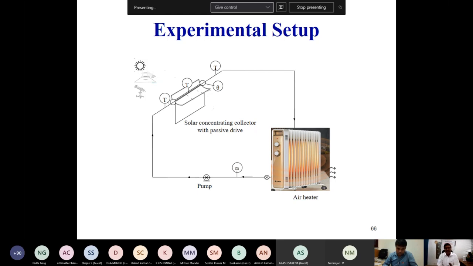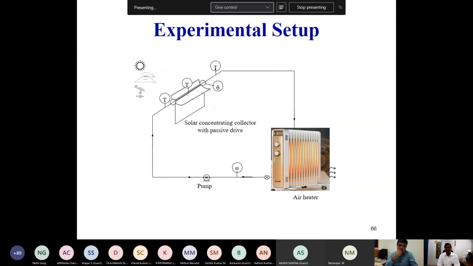But we are incorporating solar air heating systems, maybe flat plate collector or linear concentrating collector or point concentrating collector, using this type of mechanism so that electricity consumption can be decreased by means of hybridization with solar energy with electricity as backup.